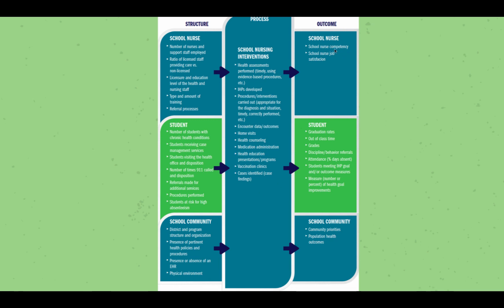Do school nurses do their jobs well? Is there satisfaction? Do kids have good grades? Do they meet their health goals? Do they have blood sugars that are within appropriate limits? And then what does the community look like? And what does the state and the national numbers look like also? So you can use this to consider how you would collect data in your own district.